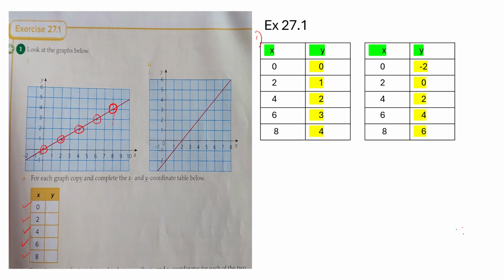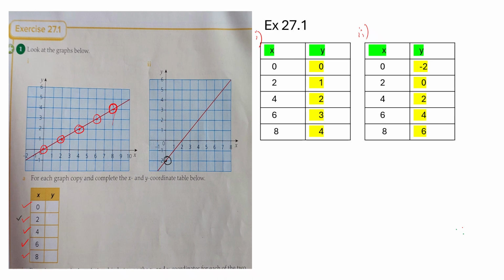Now we have to find the y coordinates for the second graph. What are the x coordinates? The same x coordinates: 0, 2, 4, 6, 8. For 0, what is here? It's minus 2. So 0 comma minus 2. Next one is again 2.